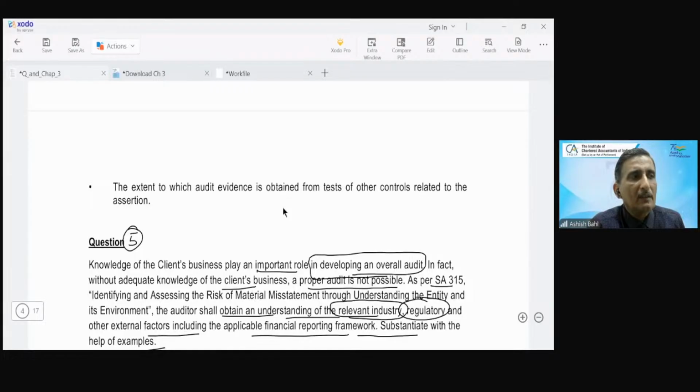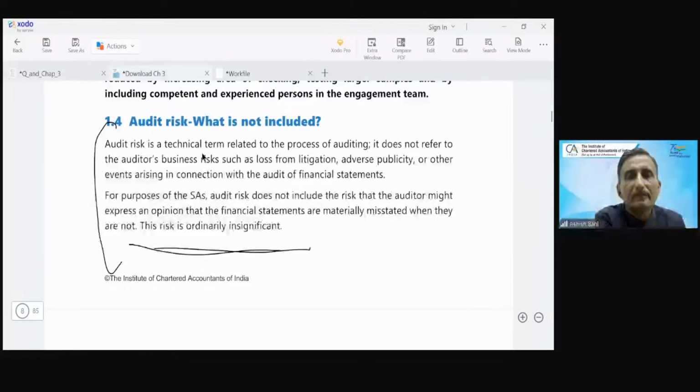No, Akshvanu, no test of control and substantive procedure. These are tests designed by the auditor. I am asking from you the meaning of internal control as stated in SA 315. There is a definition given in your module.